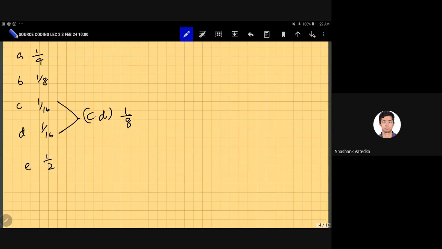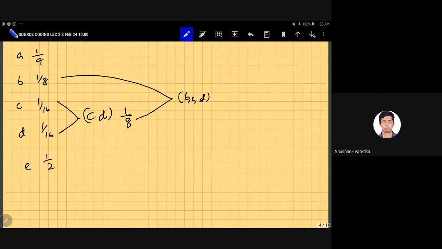They are B and CD. So I'll merge these two together to get a super symbol B, C, D.